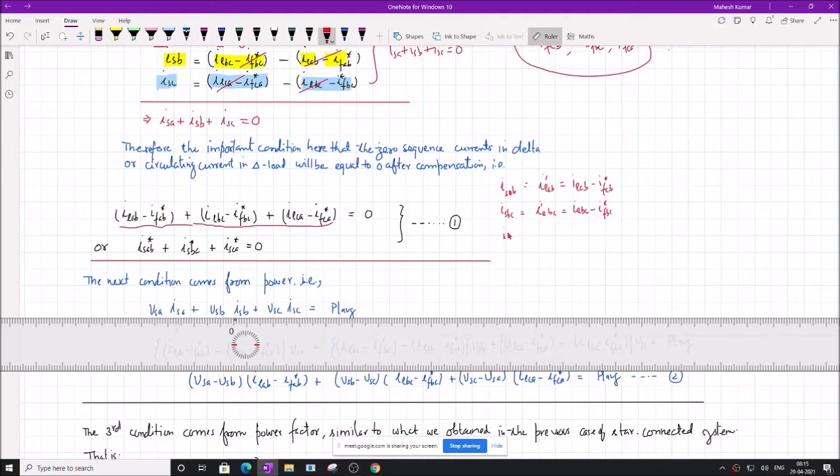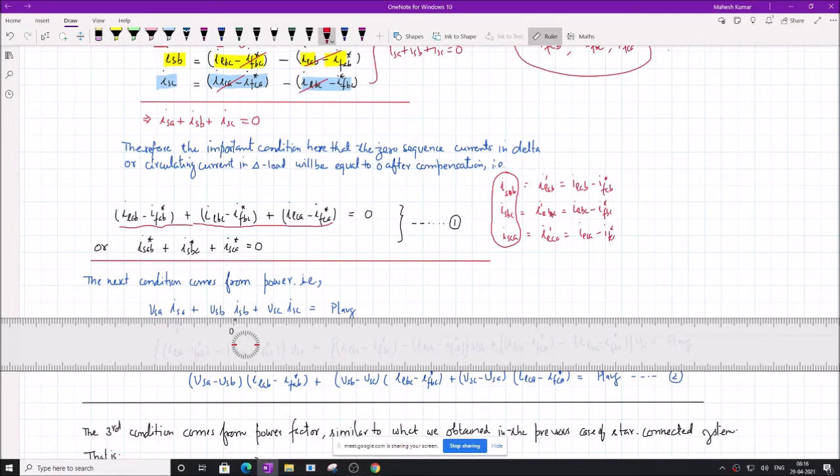And similarly, ISCA, this is CA, equal to ILCA dash equal to ILCA minus IFCA star. Okay, so these form the source equivalent line to line, or you can say phase to phase currents.